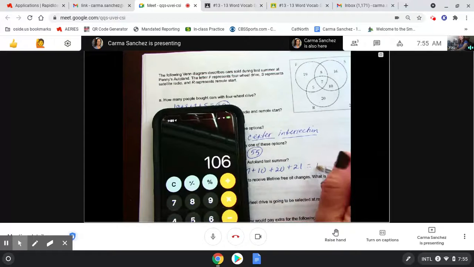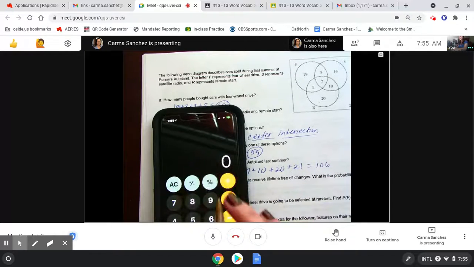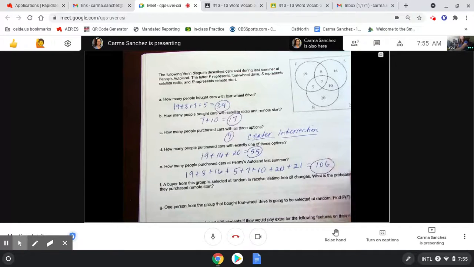I'm going to always double check my answer. And I get 106. This is how many people total, if I add up everything, including these who purchased cars at Penny's Autoland last summer.